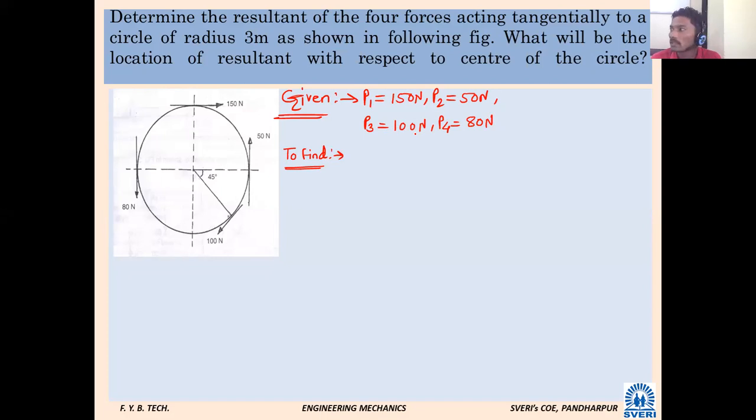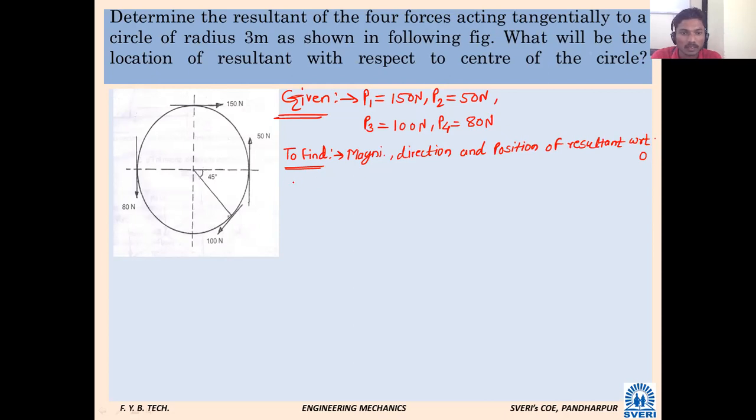In the first half it is also asked what the resultant is. In general, we want the magnitude, direction, and position of the resultant with respect to point O. Now 4 forces are with you. I will not resolve each and every force. I will resolve all the forces directly.